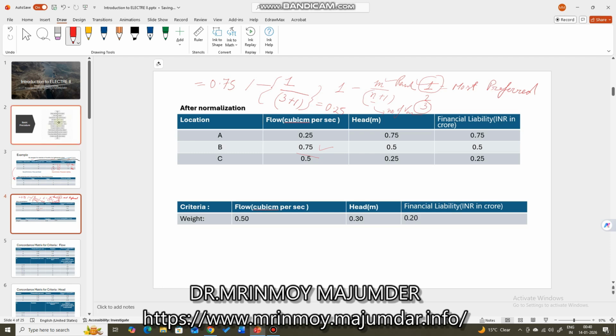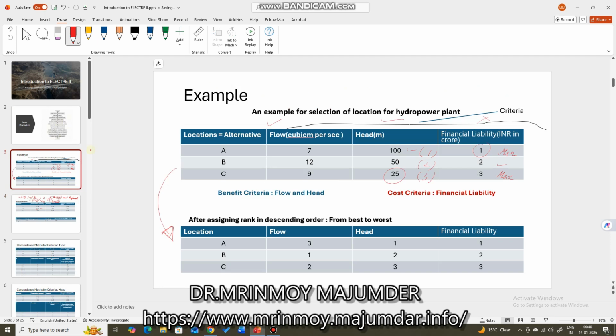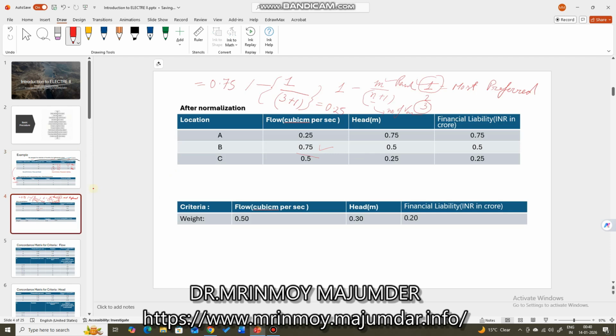Correct. So this matrix, where the values were converted into rank, is now converted into this matrix where the ranks are converted into their equivalent magnitudes. This I say as equivalent magnitude.